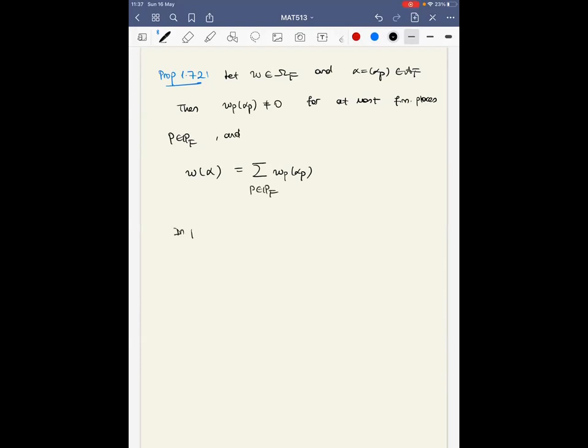In particular, if we replace the adele alpha by the principal adele whose components are determined by only one, the multiplicative identity of the constant field, what we get is that the sum of these local components is going to be 0.